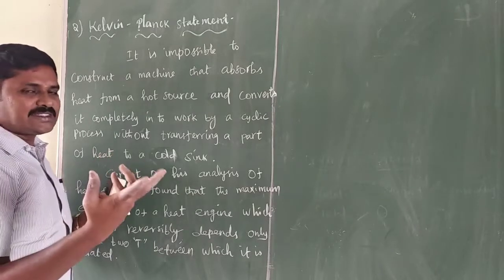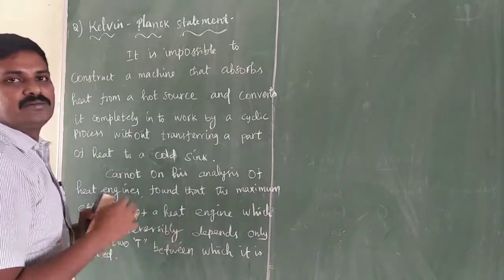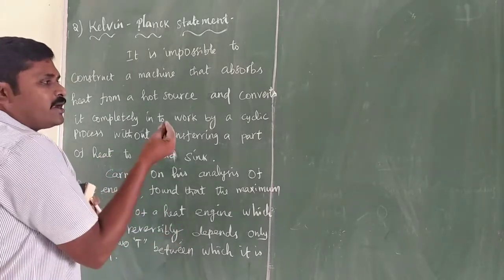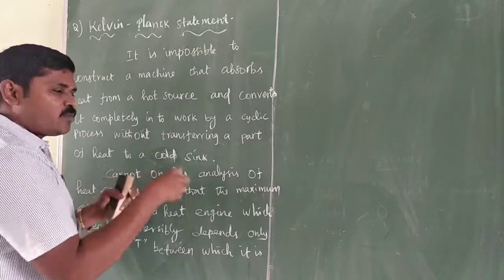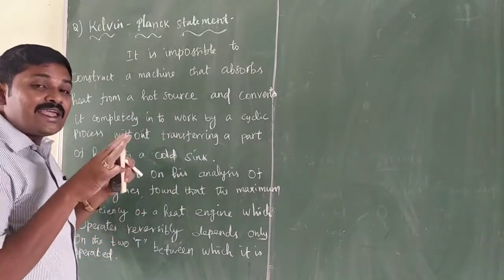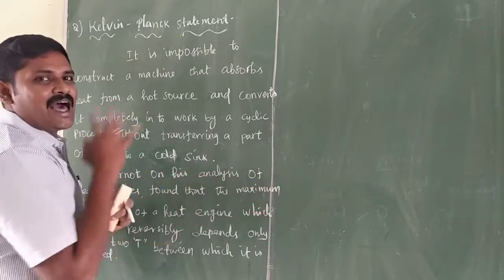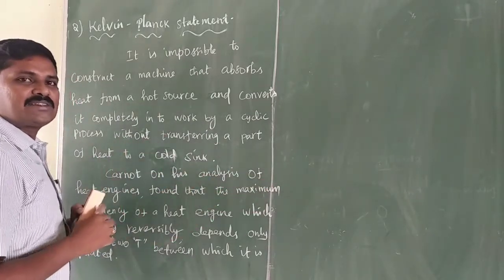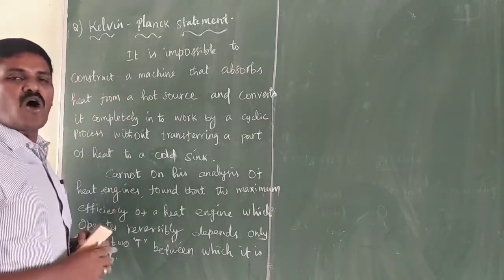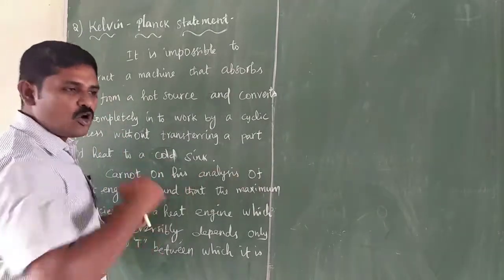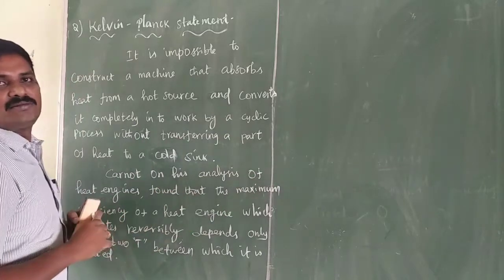Another example, an iron box. Current is supplied to the iron box, but it does not just heat; it irons the cloth. How is that possible? Some of the heat energy absorbed by the iron box is then used to iron the cloth.